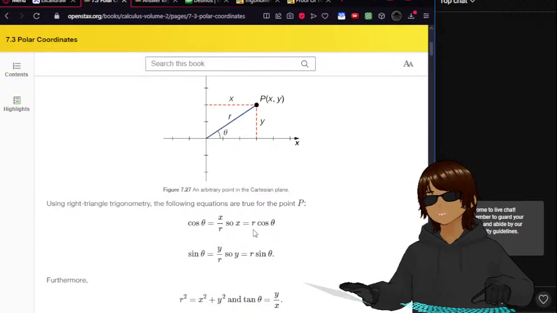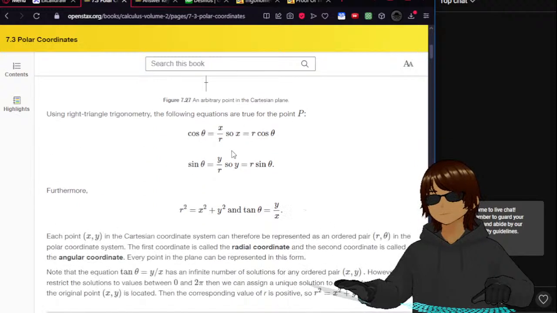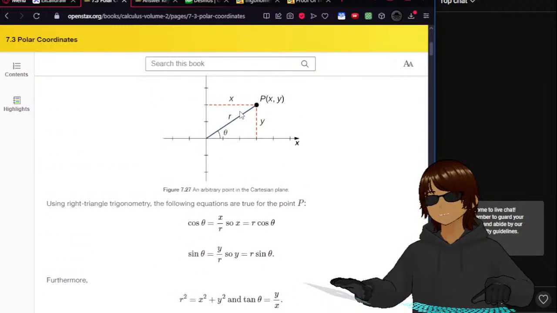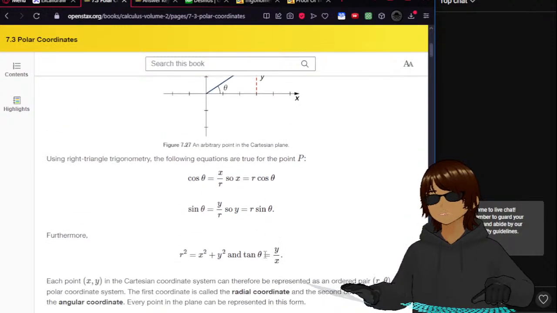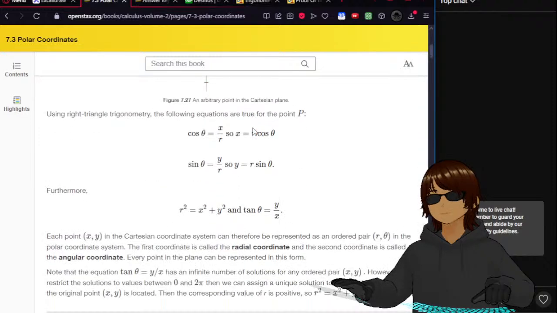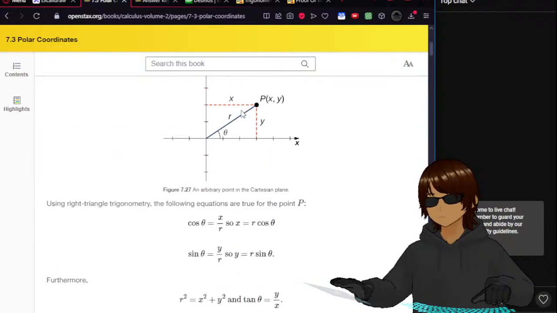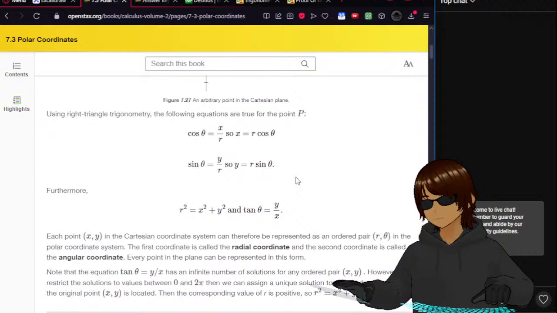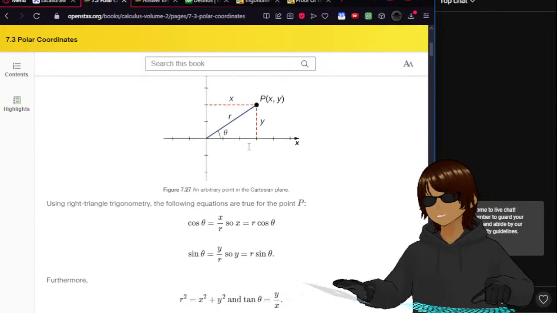So x is r cos theta, y is r sin theta. r square is x square plus y square, and tan theta is y over x. r is always positive, right?